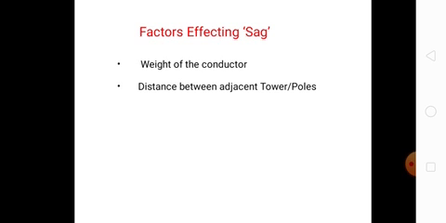In cold places where ice coating takes place, the conductor weight increases and the sag increases. Other factors are the distance between adjacent poles, the levels of the points of supports, and wind pressure. The greater the wind pressure, the more the swing and the sag increases.